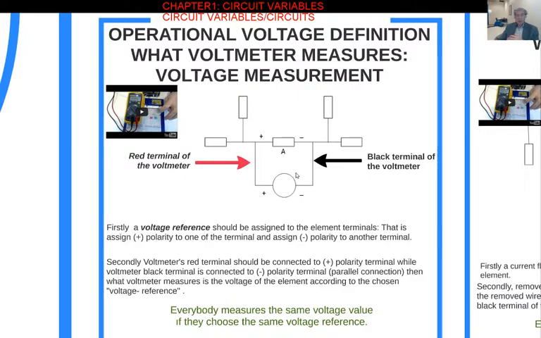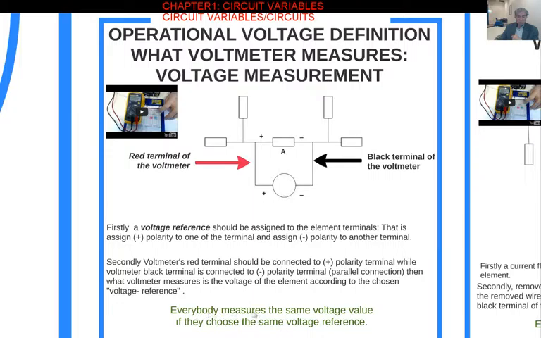What I mean is this: if the voltage reference is the same for the given element A, then with the connection of the voltmeter to this element A in the proper way according to the references, all people are going to measure the same value.